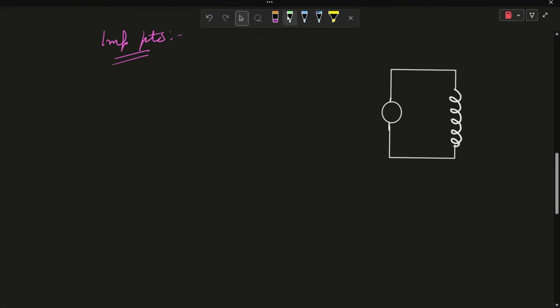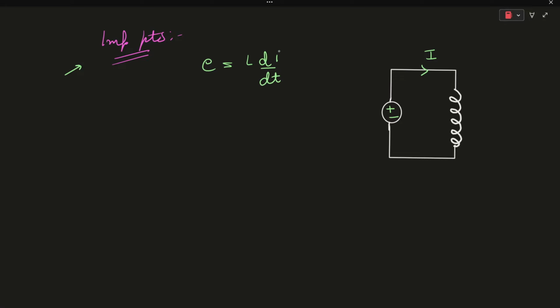A few important points which you need to remember about inductors: let's say we have given a DC supply to this particular inductor, and I is the current flowing through it. According to the formula, E is equal to L d upon dt of I. Since a DC supply is connected across the inductor, the rate of change of current with respect to time, di by dt, will be equal to 0. So E will be equal to 0 volts.